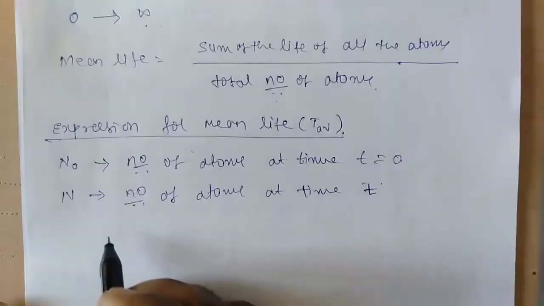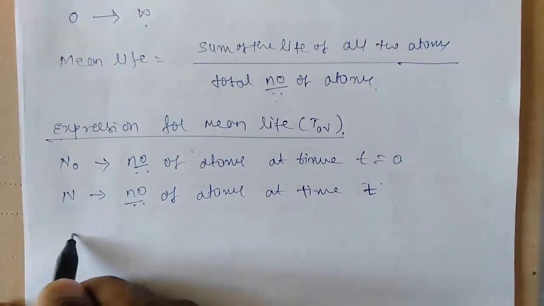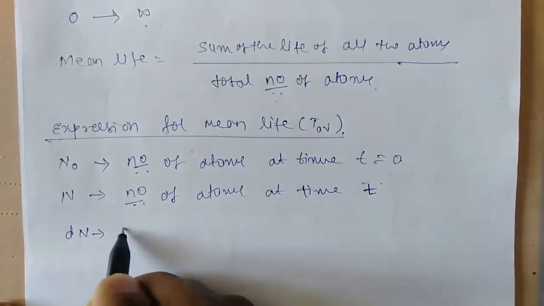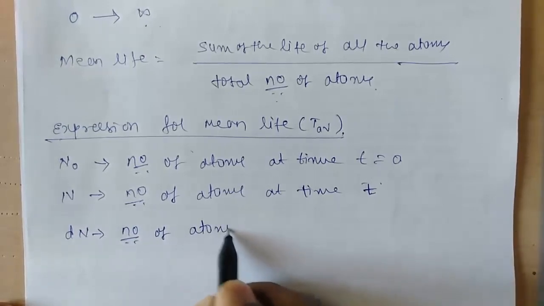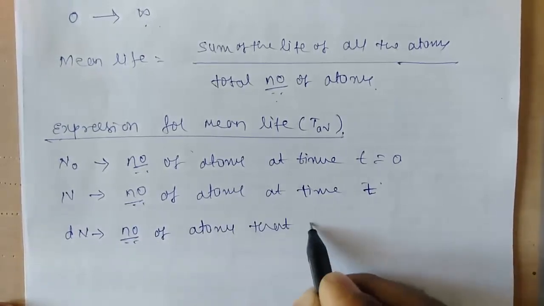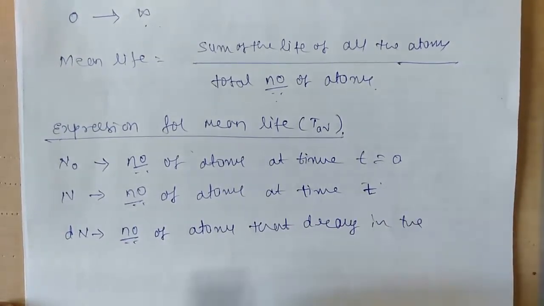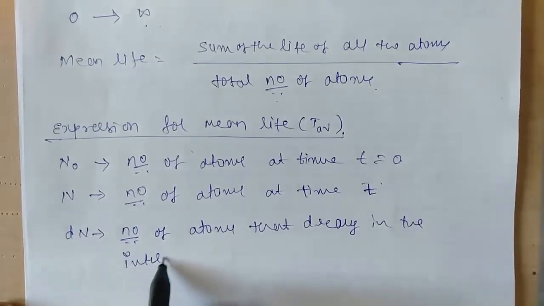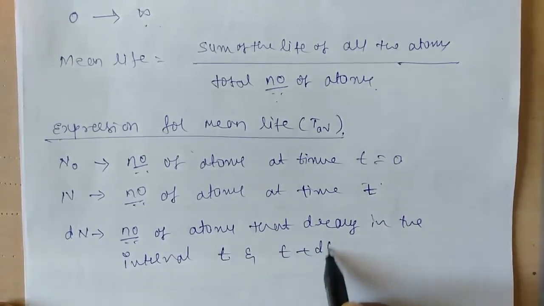Now let dn be the number of atoms that decay in the time interval t and t plus dt.